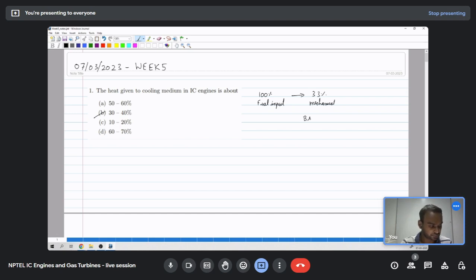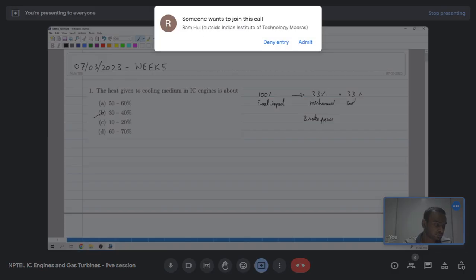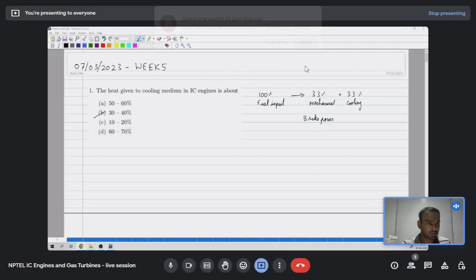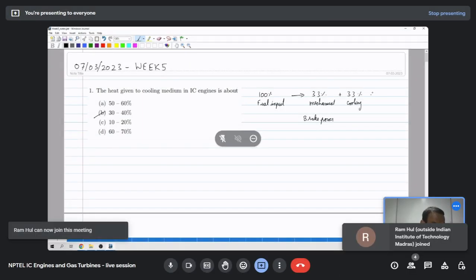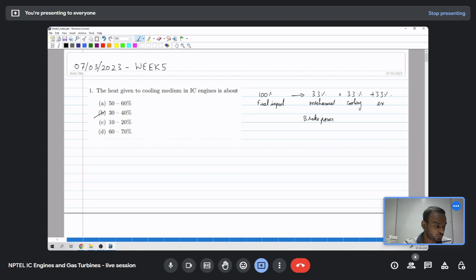Then we will have 33% lost in the cooling system, and another 33% will be lost in the exhaust flow.